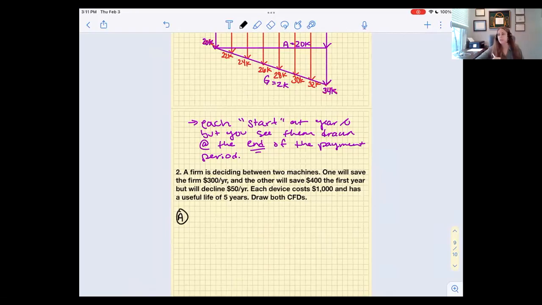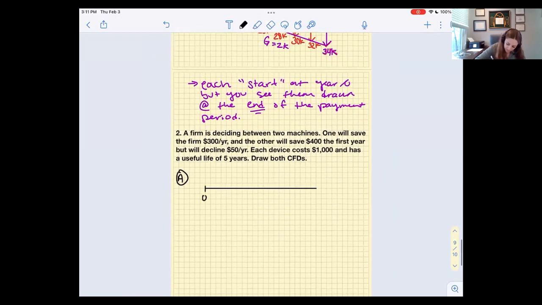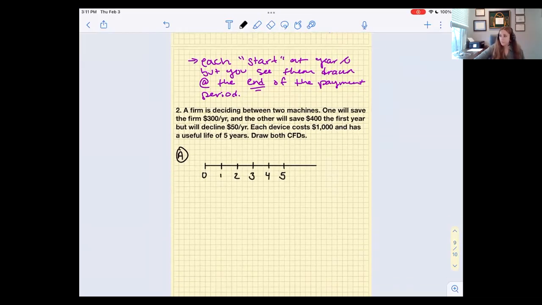So to draw for machine A, we have 5 years. And how would we draw the $1,000?